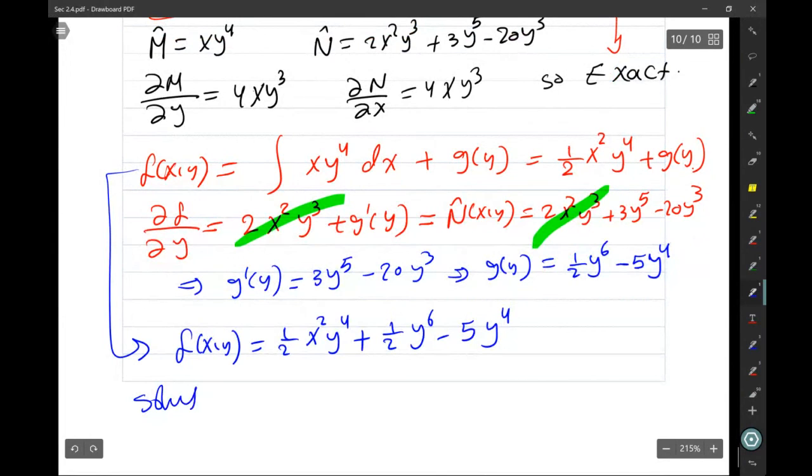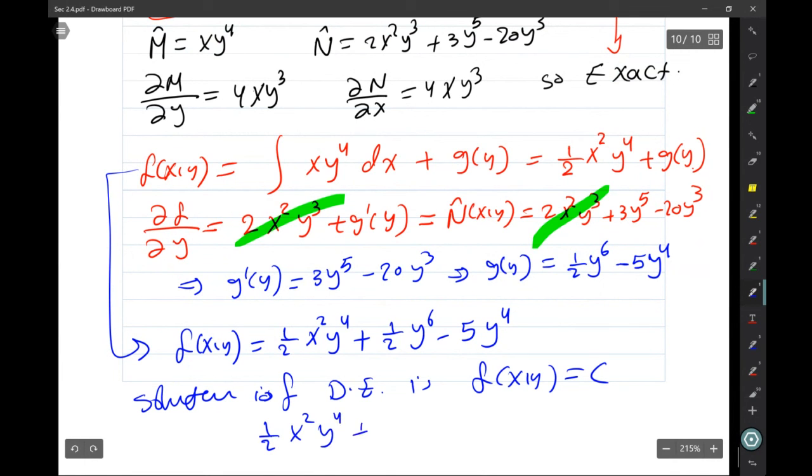The solution of the differential equation is of course f of xy equals c: half x squared y to the power 4 plus half y to the power 6 minus 5y to the power 4 is equal to c.